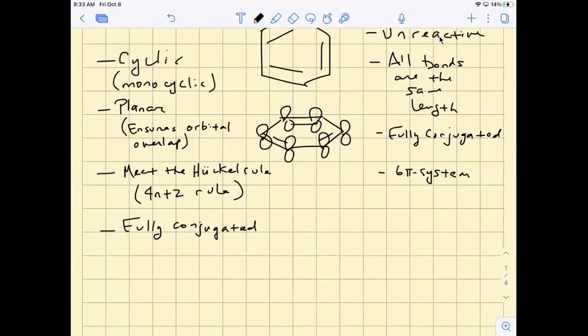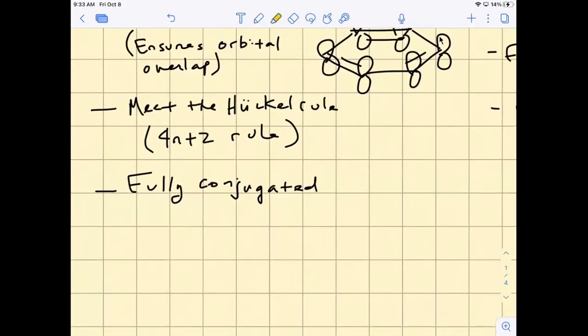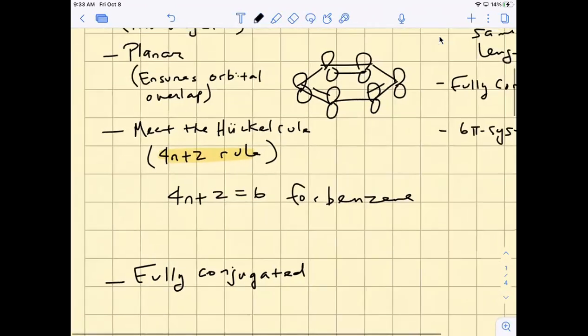All right, and so with the 4n+2 rule, let me just explain that a little bit. What that means is that the pi electrons have to equal 4n+2. So for benzene, 4n+2 would be 6. Where 6 is the number of pi electrons. So you've got 3 double bonds. There are 2 pi electrons in each double bond, so 6 total.